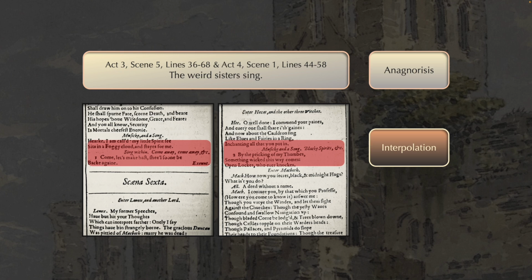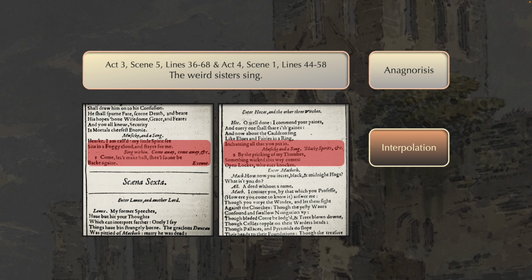Later, long after Shakespeare had died, a man named William Davenant, a Restoration playwright who had been in Shakespeare's company, the King's Men, in the 1630s, probably had access to the songs that were sung in Thomas Middleton's play, The Witch, and he incorporated the lyrics to these songs into his printing of Macbeth.